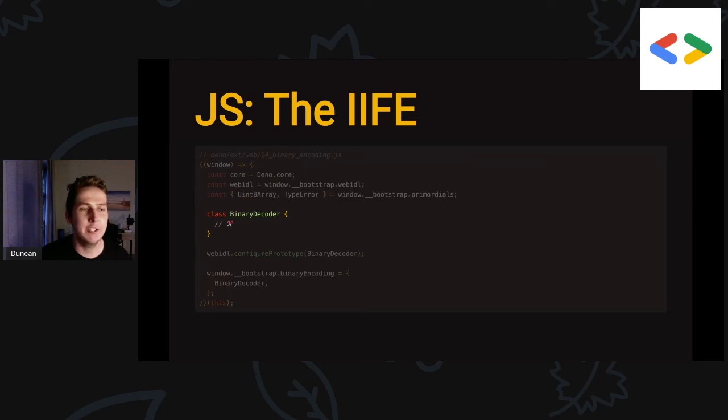And then binary decoder, we're going to take a closer look at soon. And then we've got this WebIDL configure prototype. And basically what it does is it sets the relevant descriptors for the prototype of the binary decoder, but it's not super important, so don't stress too much about it. And then we add a binary decoder to our binary encoding property on Bootstrap so that we can load it in the main.js file later.